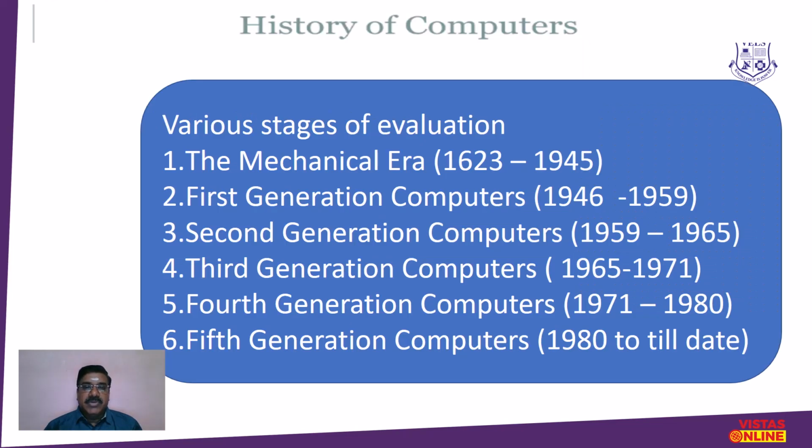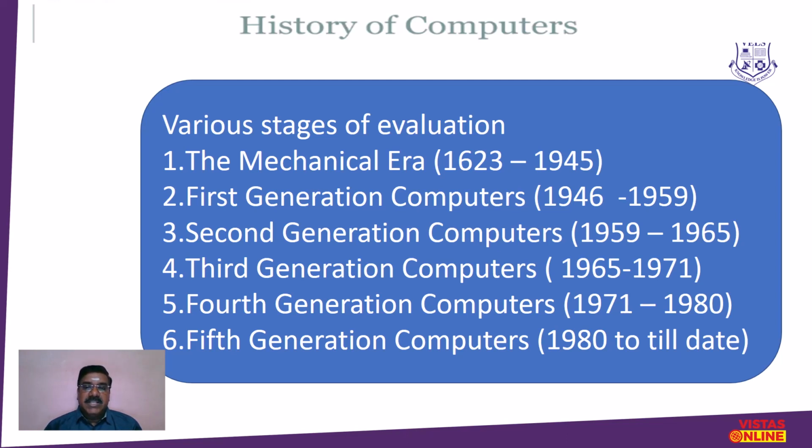History of computer. Computer and technology development has passed through various generations, various stages of evolution. The mechanical era was from 1623 to 1945, when they used it for mathematical calculations.